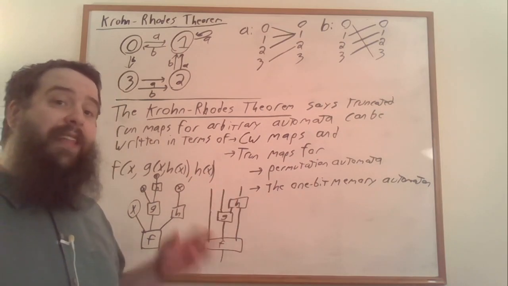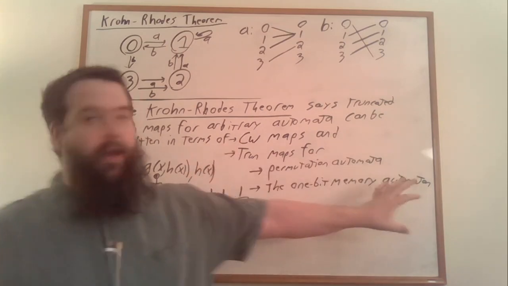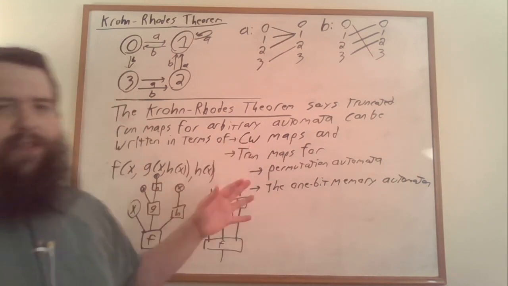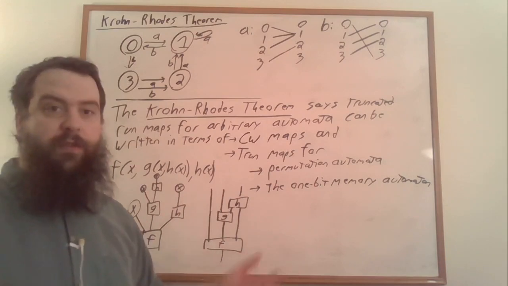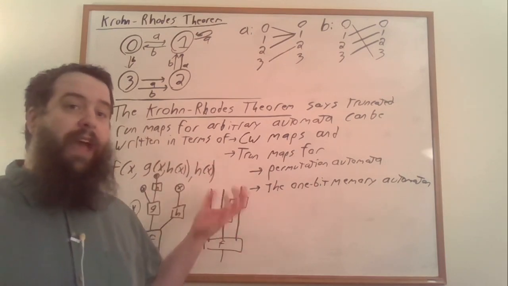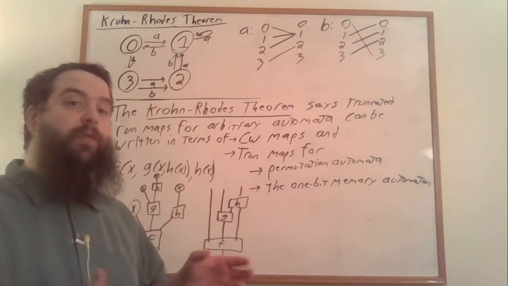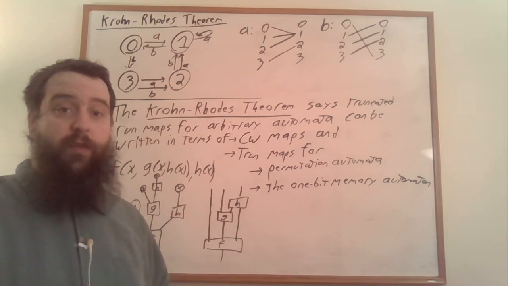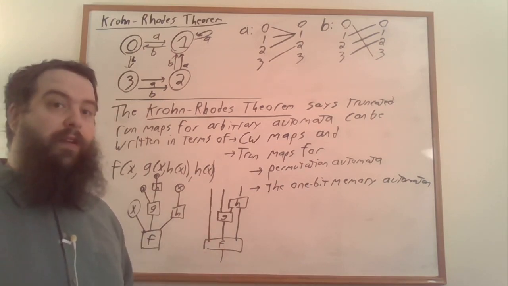So we're breaking that semigroup down as a wreath product of smaller automata, and then there's also character-wise maps which correspond to semigroup homomorphisms. So the Krohn-Rhodes theorem corresponds to the theorems that we have in abstract algebra, where we're breaking down finite groups into smaller finite groups, specifically semi-direct products of groups that can't be broken down any further.